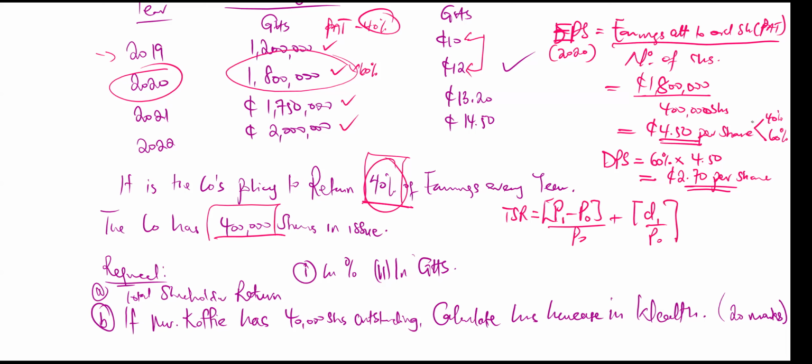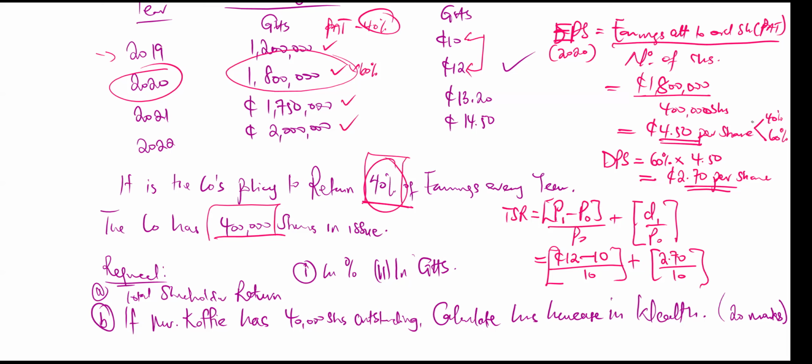The share price last year was 10 cedis, and this year it is 12 cedis. So this minus this, all over the 10 cedis, plus the dividend 2.70, all over the 10 cedis.